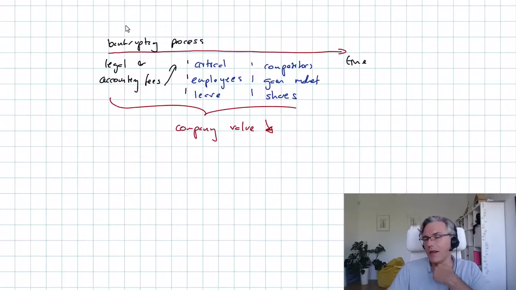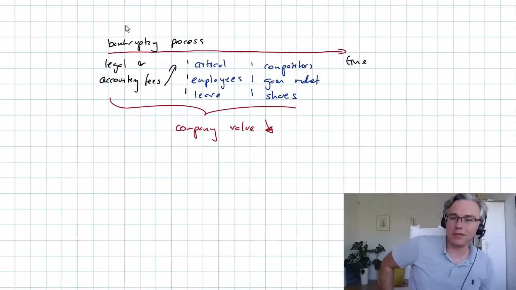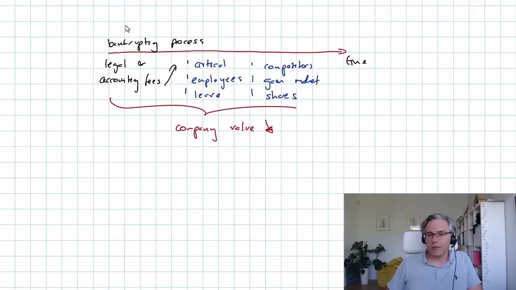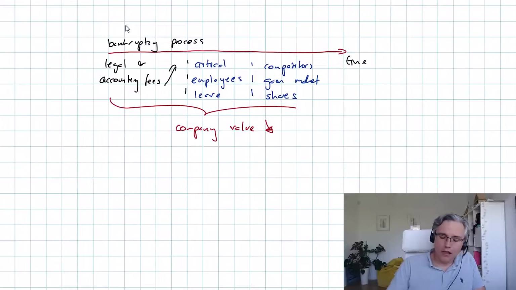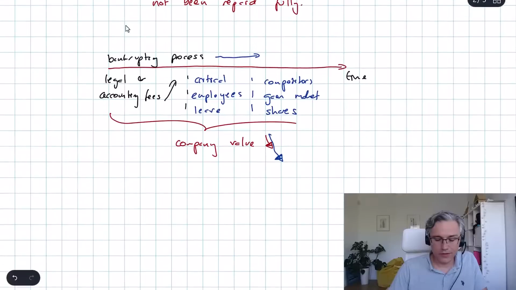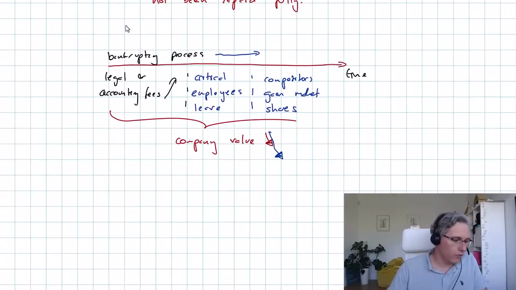And you can say, well, does that matter? Well, somebody may still want to buy that failing business to turn it around, and you want to sell a business that is as intact as possible, even though it's failed. That's critical from the point of view of extracting the most value for the debt holders and potentially the shareholders as well. Now, the longer the process drags on, the more of this drop or deterioration in corporate value will actually happen, more or less.